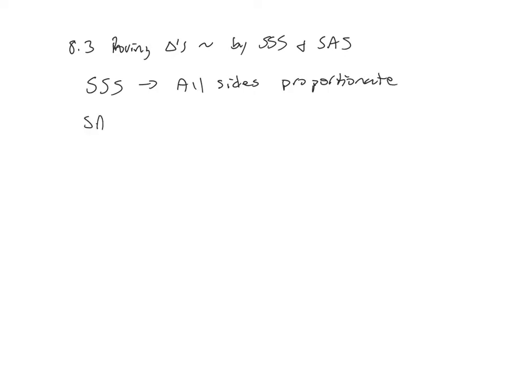And when we're saying side, angle, side, we're saying that two sides are proportionate and the included angle is congruent. So remember, the included angle is the angle that's in between the two sides.